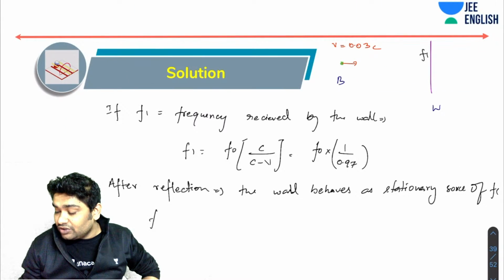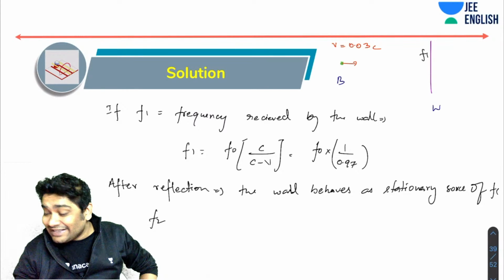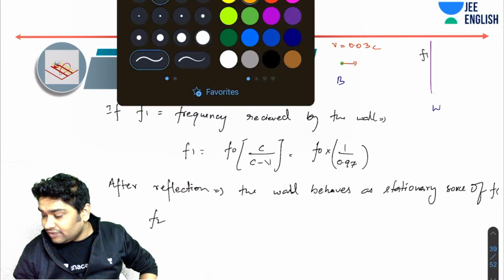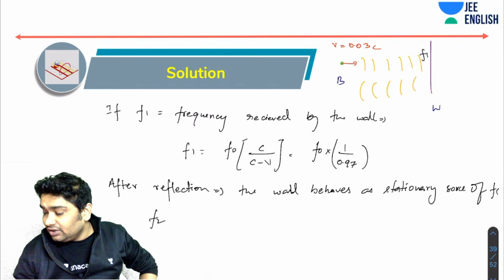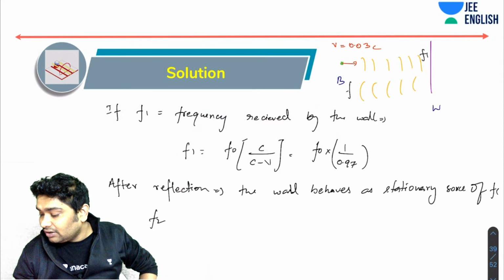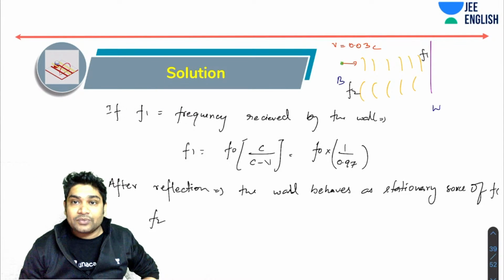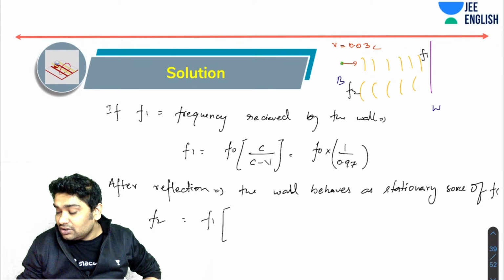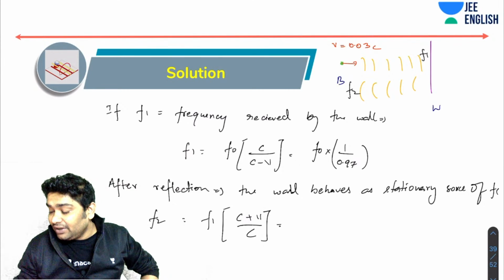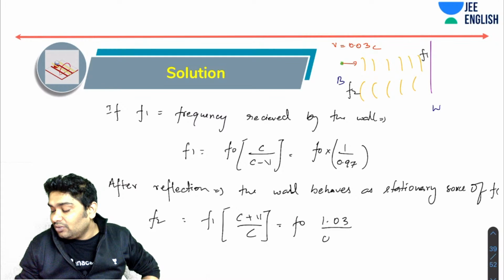So F2, which is the final frequency that reaches the bat. You had these waves which were traveling, and after reflection, they are coming back. So when the bat receives this back, here's F2. F2, of course, would be equal to F1 times C plus V over C. So that would be F naught times 1.0397.